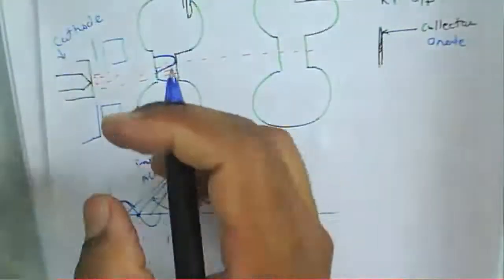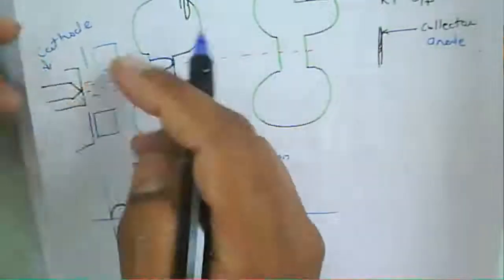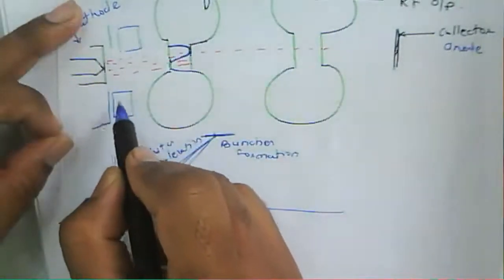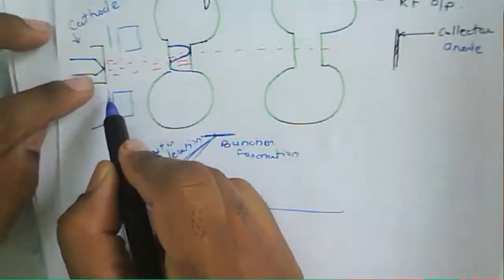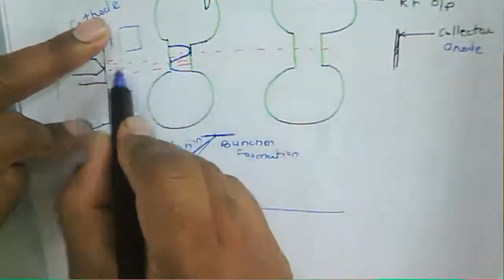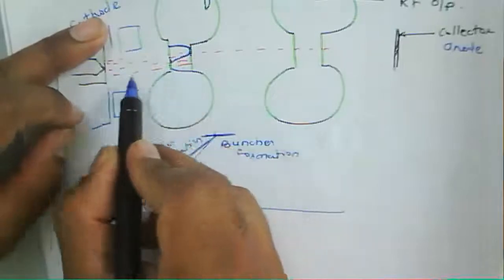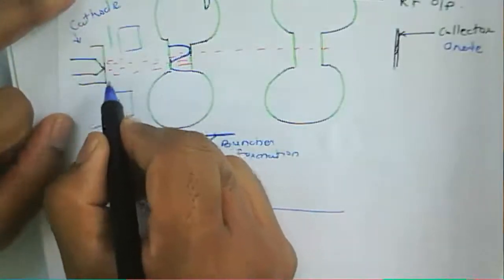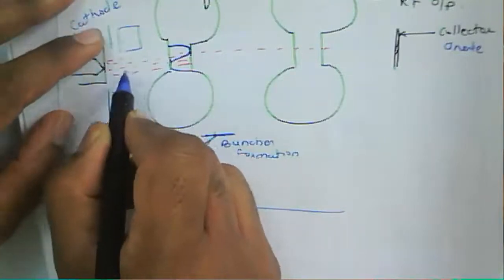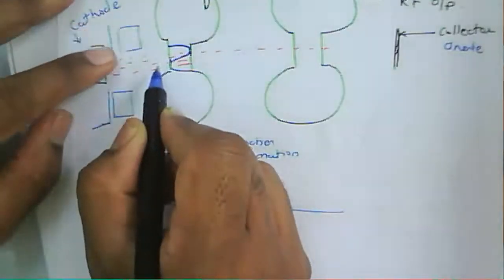The focusing magnets focus the electrons in the given direction, so magnetic focusing is required here so that the electrons move through the tube.